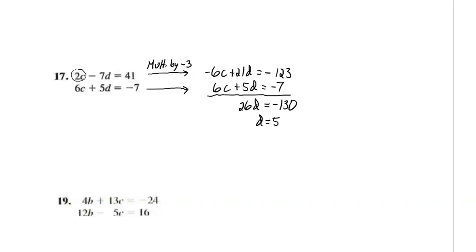I'm going to use the first equation. Add 35 to both sides, making 76, and divide by 2. Alphabetically, C is before D.